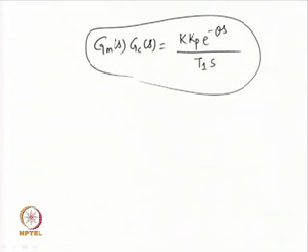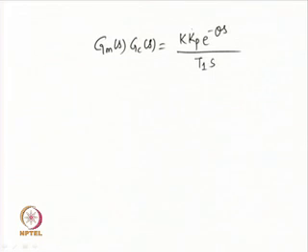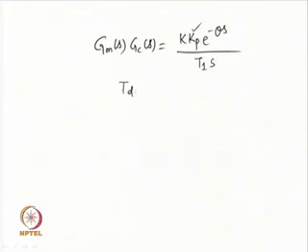Okay. So, since you are getting a simpler loop transfer function, now the phase and gain margin criteria can be used to design the gain parameters associated with the PID controller. Already we have designed two parameters of the PID controller. How have you designed them? As you know, Td is equal to T2 and Ti is equal to T1.